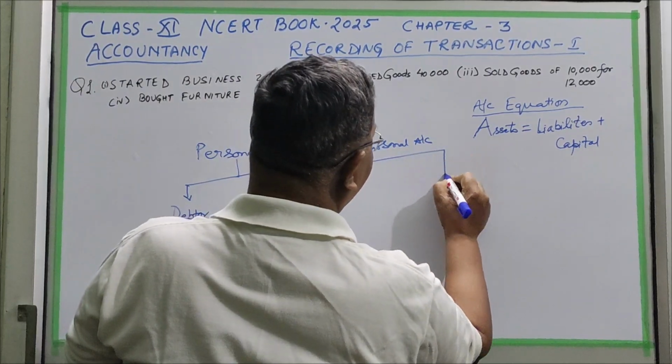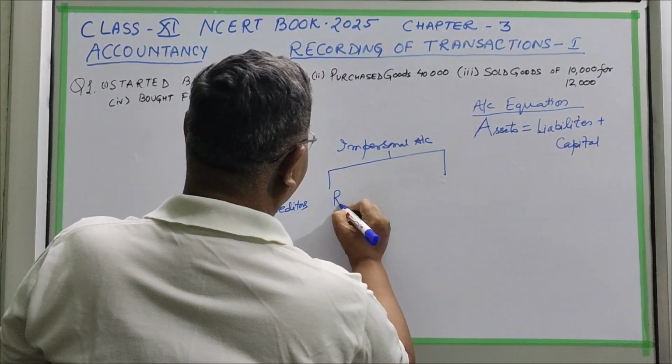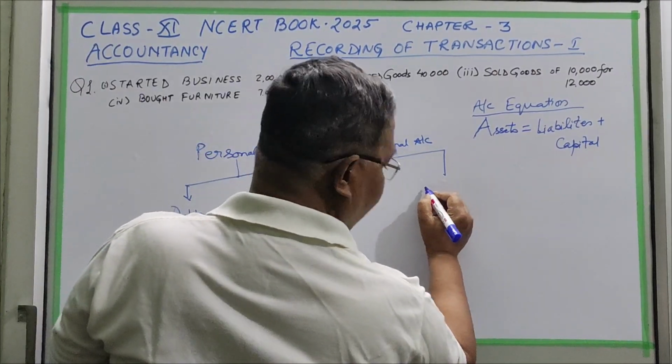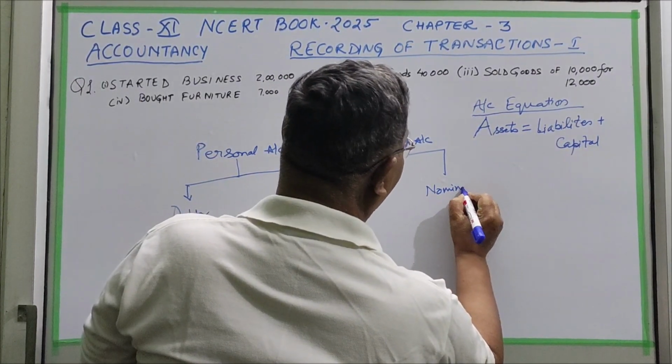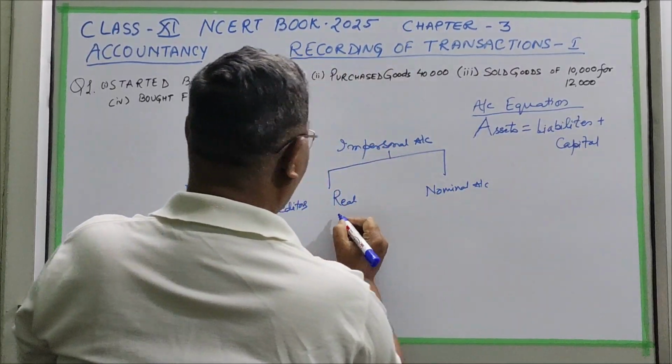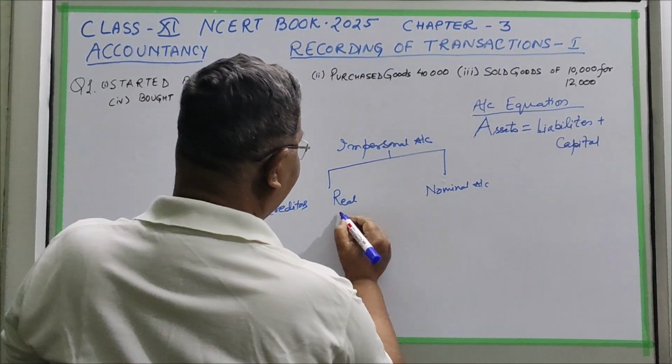Impersonal accounts in business are of 2 types. One is real account and the other is nominal account. Real account means they are tangible assets, they are tangible.